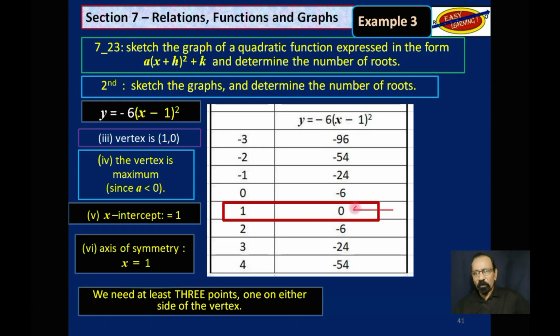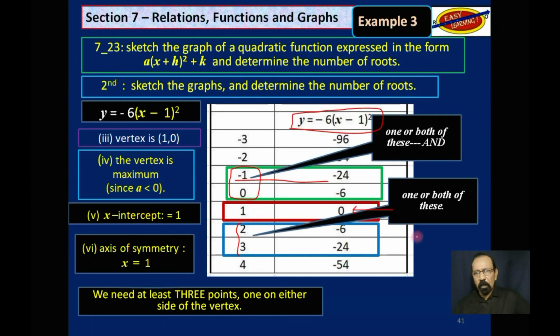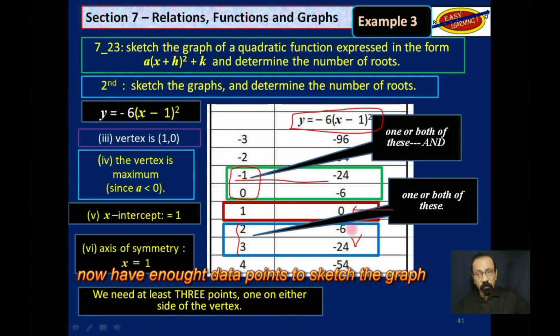This is a point that we know, we use the equation to calculate one or two other points on the left of the axis of symmetry, which would be these, and then one or two other points on the right of that axis of symmetry, and that would be these.